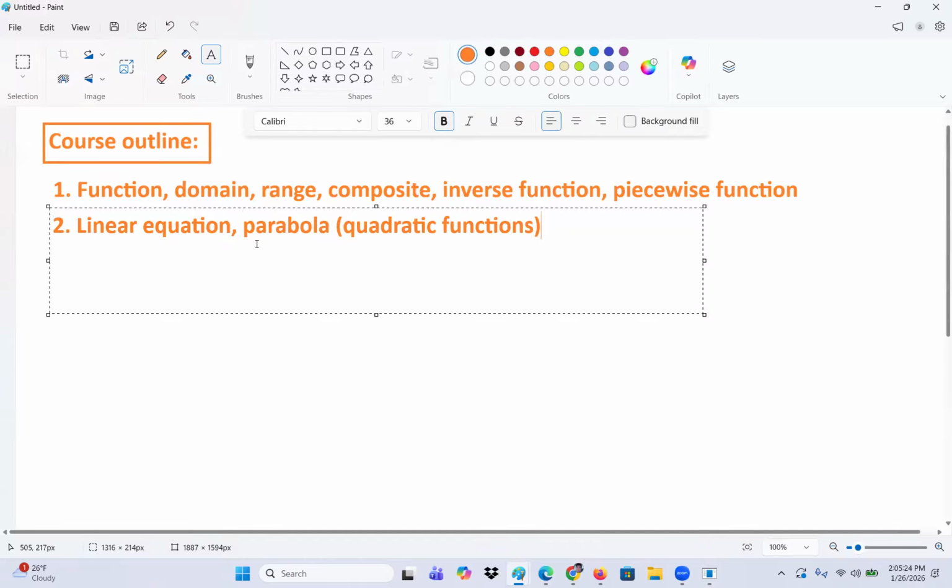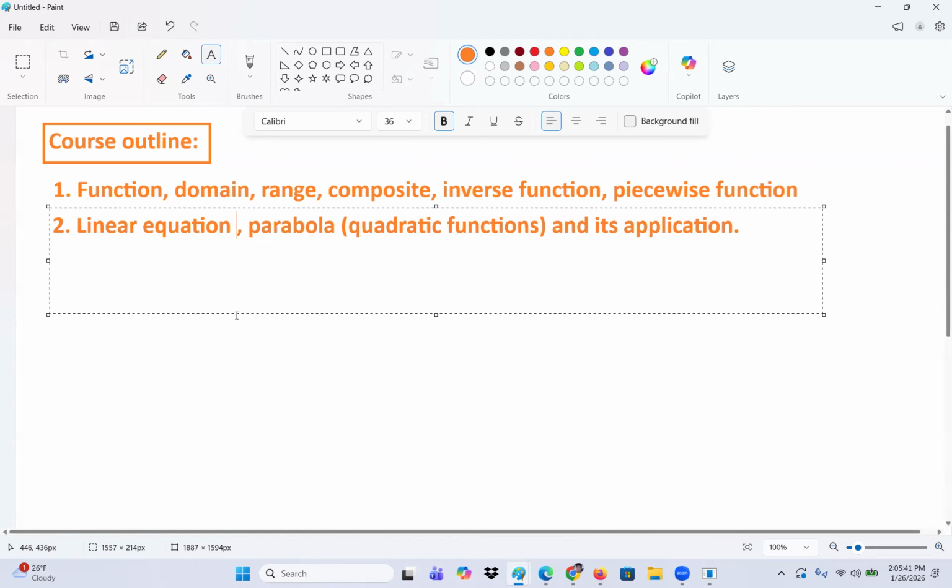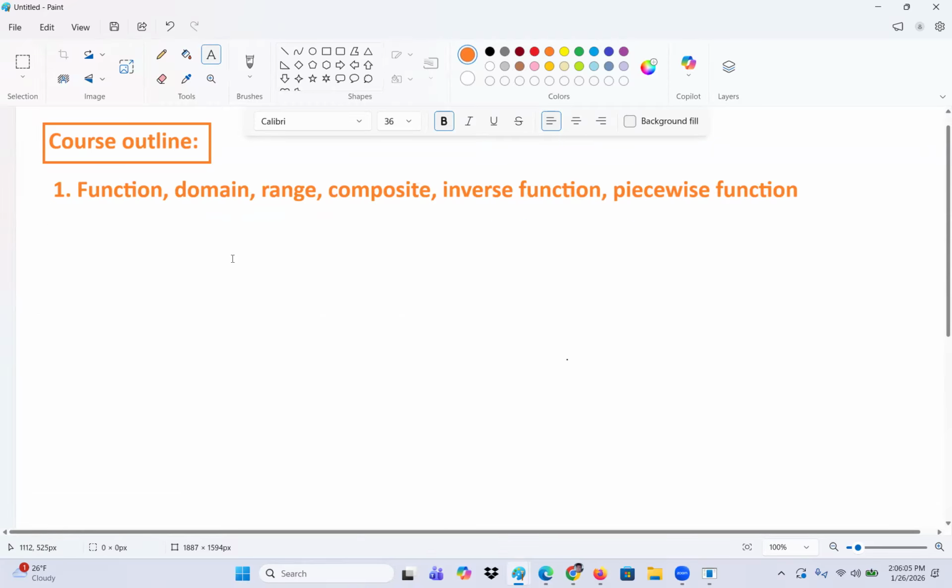So this is going to be a very important part of the lectures because it's going to be on the exam and in applications. So here, you're going to analyze the x and y intercepts, the slope, as well as the perpendicular and parallel lines and their characteristics. So for the parabola, you need to understand the vertex, the quadratic, and some of the applications that we need to know.